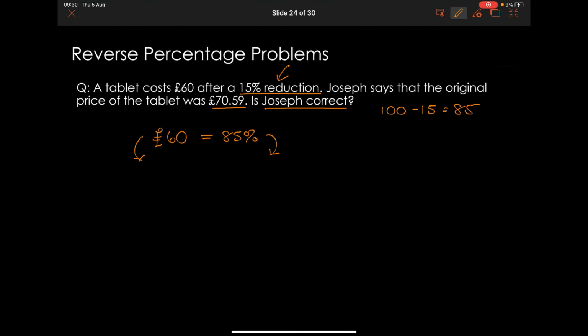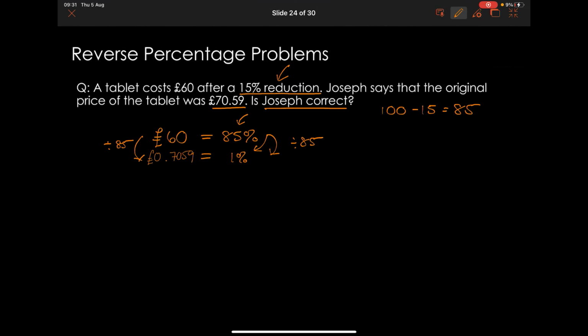So we would divide by 85 to give us 1%. Because I've only got 85 pieces, I want one of them. All right. If I do that, it gives me 0.7059.